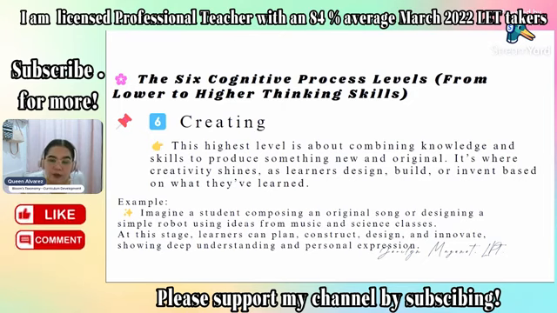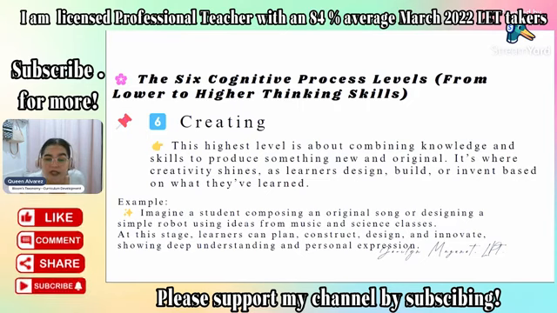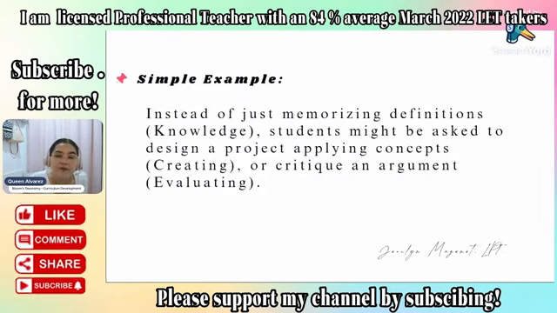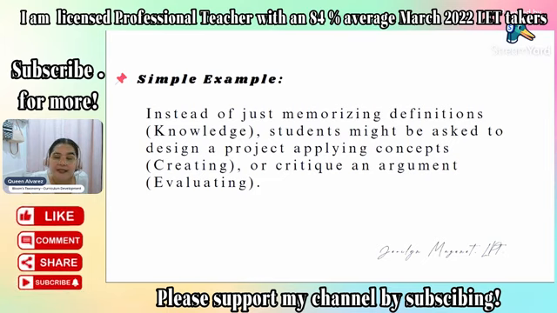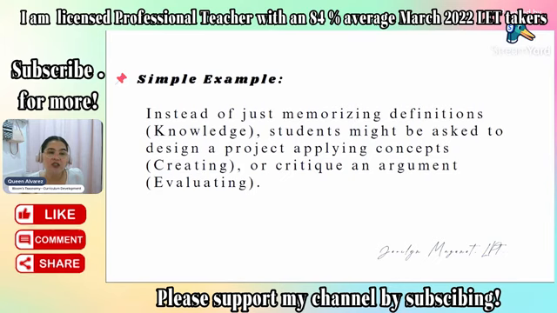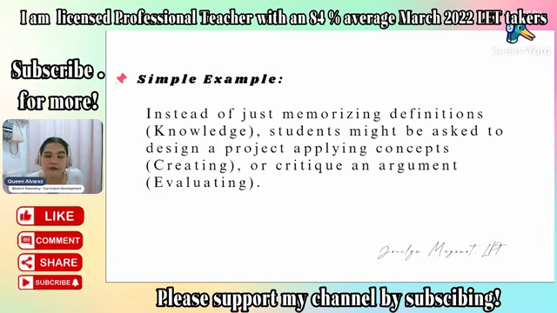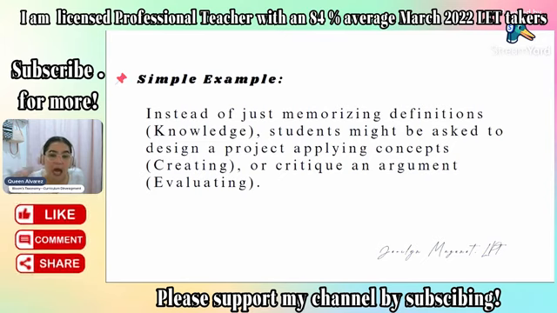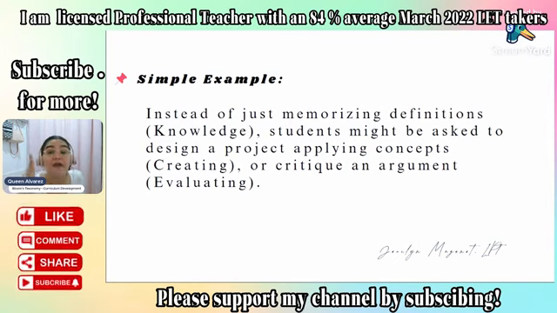The learners are able to plan, construct, design, and innovate, showing deep understanding and personal expression. Again, a simple example. In the original context of Bloom's taxonomy, instead of just memorizing definitions, which is the knowledge, students might ask how to design a project applying concepts, which is the creating.